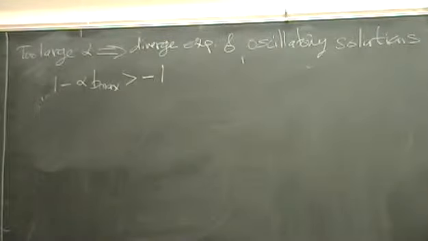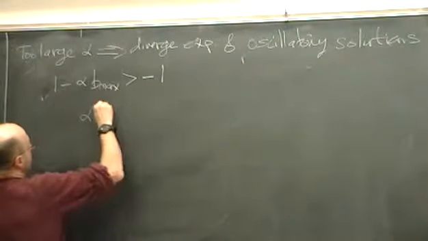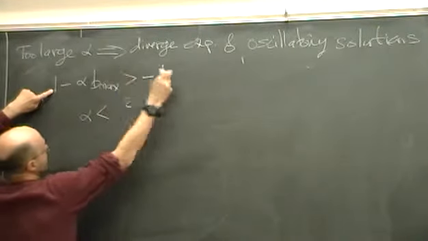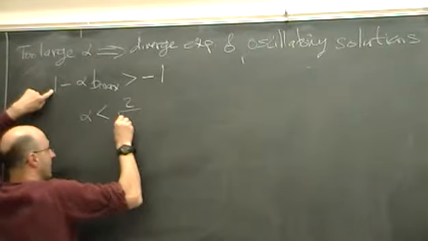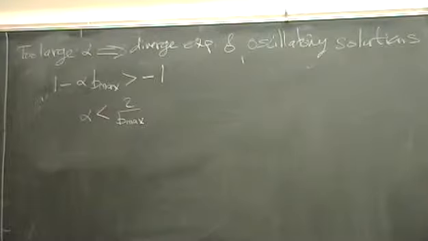It can't be more negative than minus 1. So you can solve this and you'll find that alpha has to be less than 2 over b max. You put this one over here and you get a 2, and the alpha's on this side, so there are no minus signs to mess you up and you don't have to flip the inequality. So that's the absolute limit on alpha.